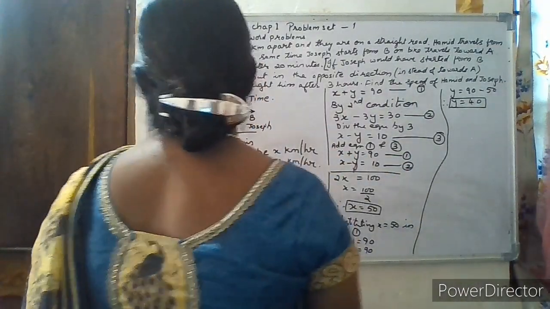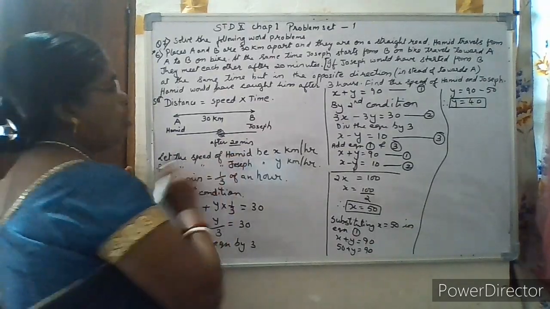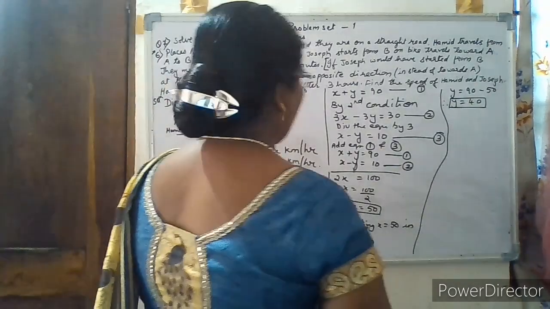Now what is x and y? x is the speed of Hamid and y is the speed of Joseph.